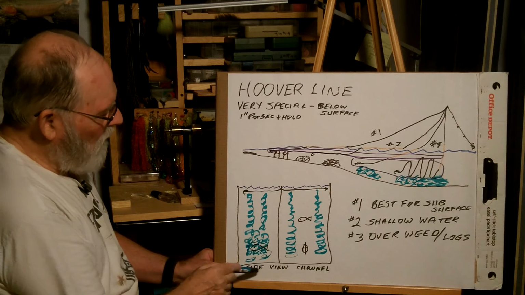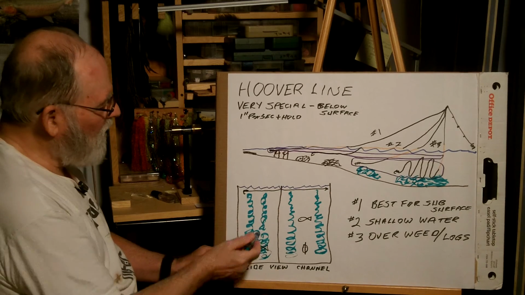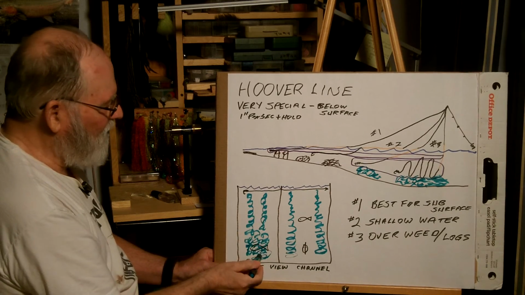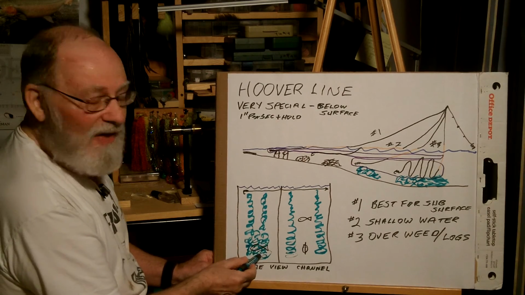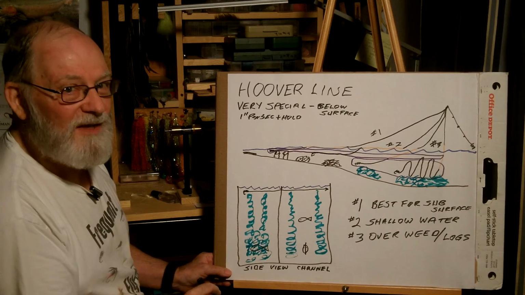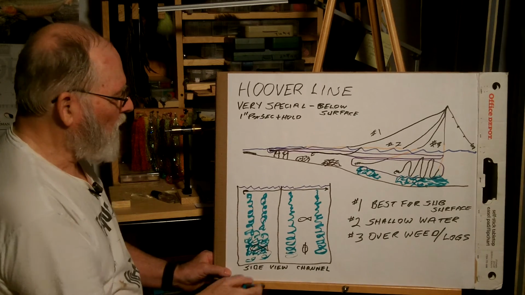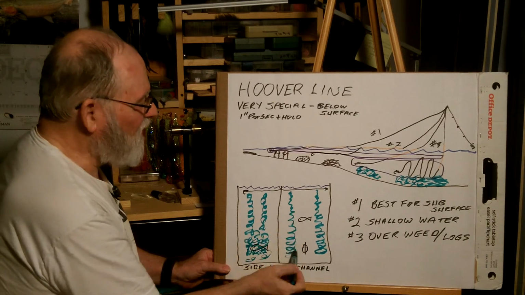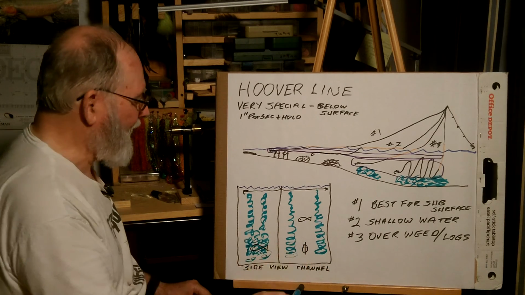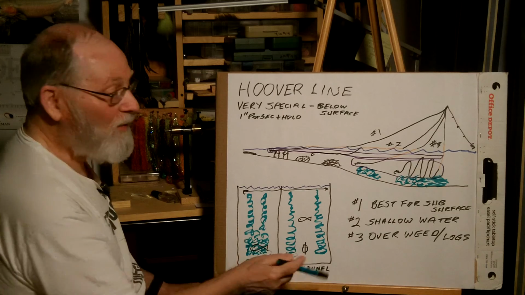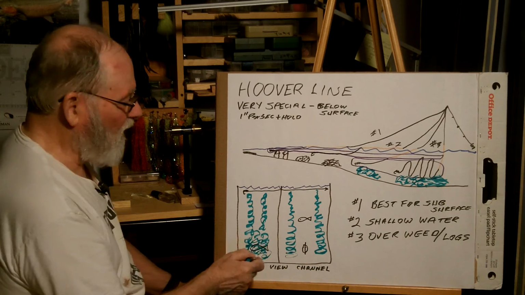Interestingly enough, when you have a fish finder, if you're looking through the weed beds on a side view, the fish can actually be hidden in the weeds, and there'll be so many weeds there that you can't identify that the fish is present. In between these weeds, it's actually like a channel, and the fish will move through that channel and back, and you won't see them moving back and forth because they're down here where the large weeds are.